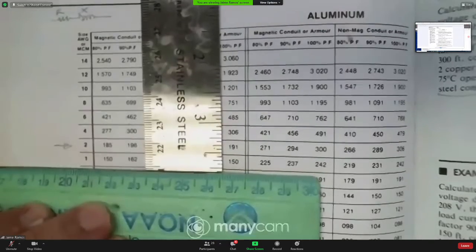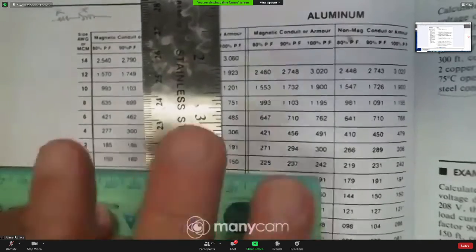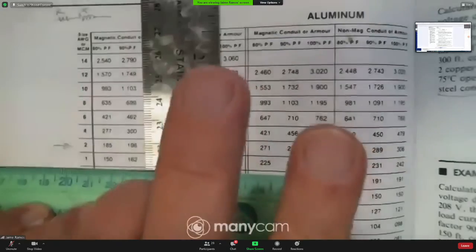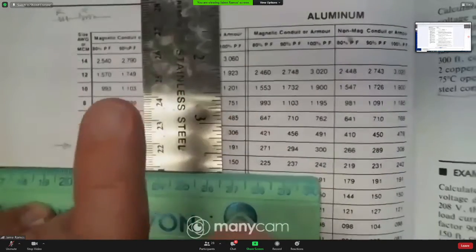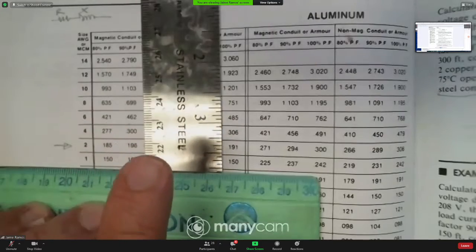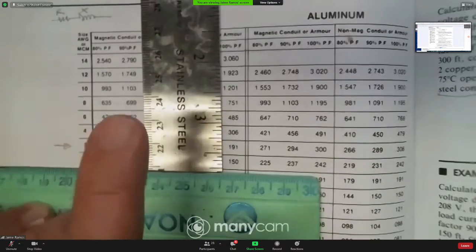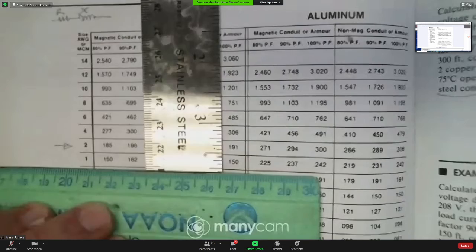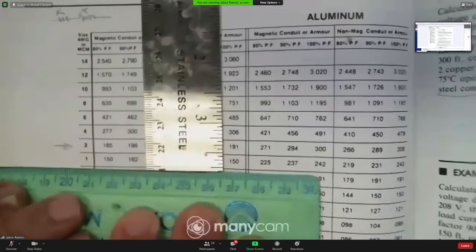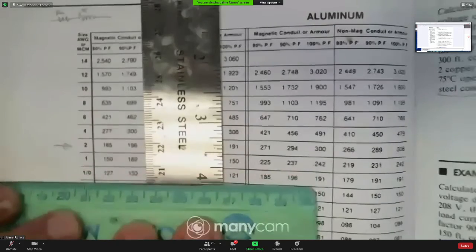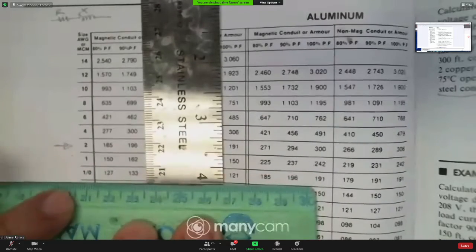The conductor must comply with the three requirements: ampacity, short circuit, and voltage drop. When we made the test for ampacity, we said 1/0, which is thicker than number 1. See, 1/0 is here, the next one thicker.